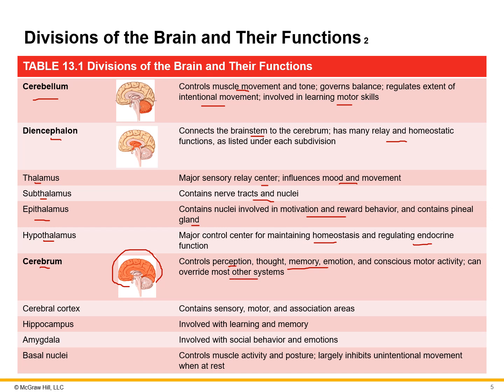Some of the main parts that we talk about here: the cerebral cortex, most of our sensory, motor and association areas; the hippocampus, which is involved in learning and memory; the amygdala, which is involved in our social behavior and emotions; and then the basal nuclei, which control muscle activity and postures and also inhibit unintentional movements when we're at rest, so we're not jerking and everything can relax.